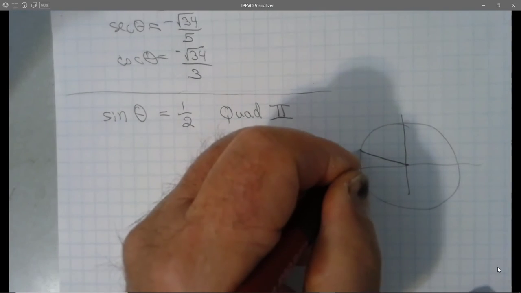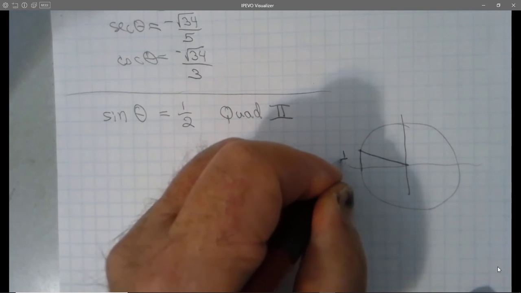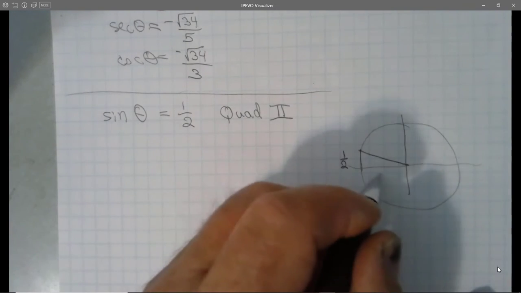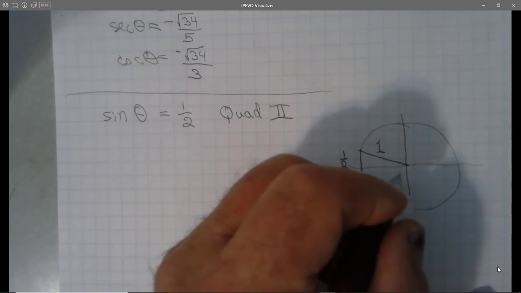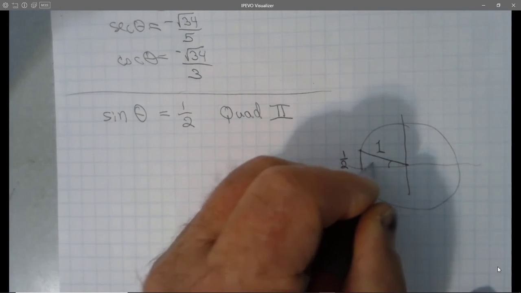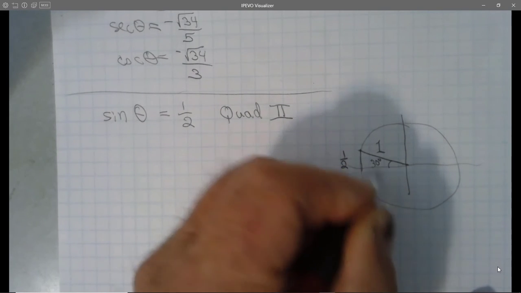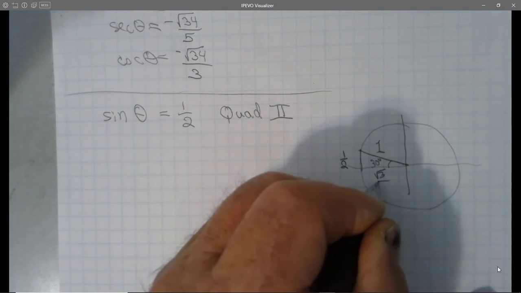So if I were on the unit circle here, this would be 1/2, and on the unit circle this would be 1. Well, my goodness, this is one of our special angles. This is a 30-degree angle in here, and this side is root 3 over 2.